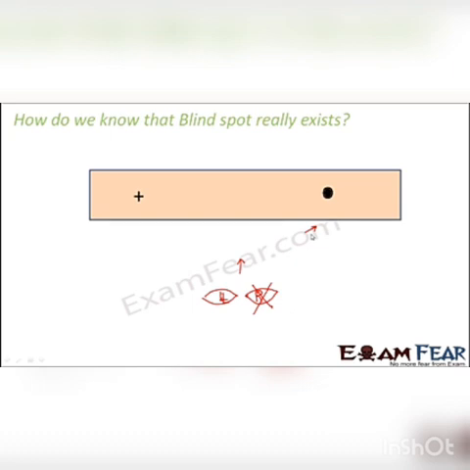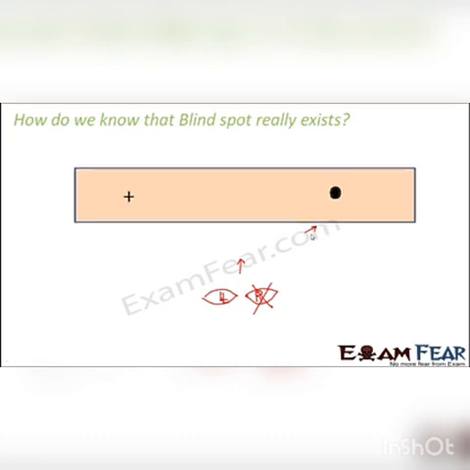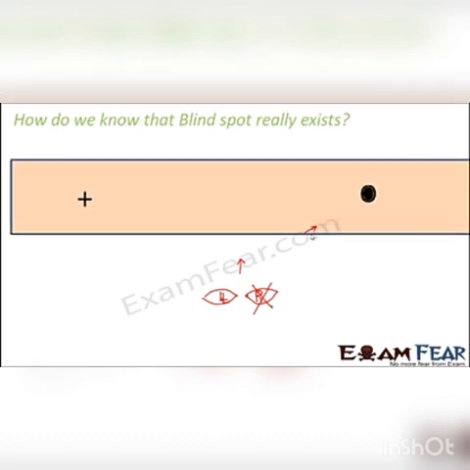Now you start bringing the sheet of paper closer to you. As you bring it closer, a point will come where you will not be able to see this cross sign. Even though you will be able to see the entire sheet of paper, this cross sign will vanish. That point is nothing but your blind spot, because at that point image formation is not happening.